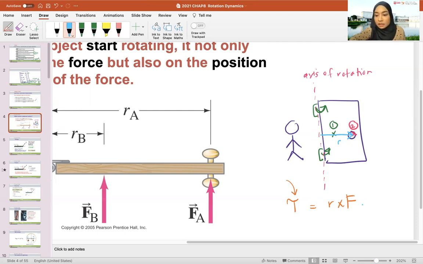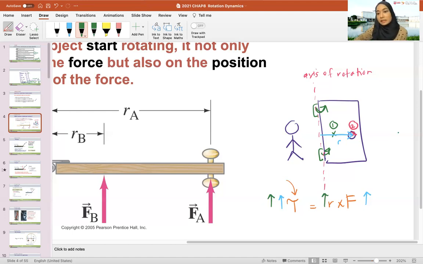I mean, the door has, right? So if you increase force, you are increasing torque. If you are increasing the radius of the force to the axis of rotation, you are also increasing torque. So a greater torque gives you better, senang sikit lah nak tolak, and this is what we want lah. The aim is to have high torque.